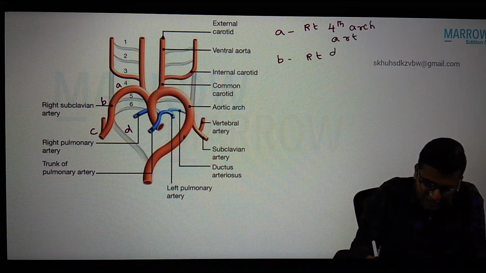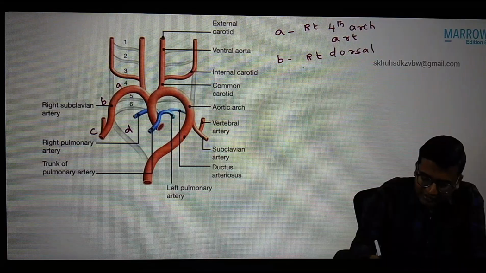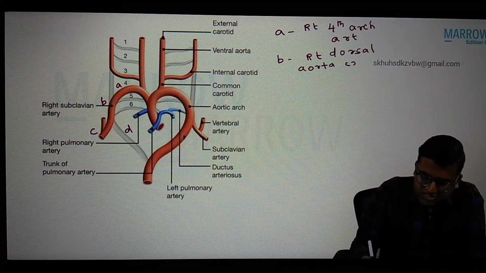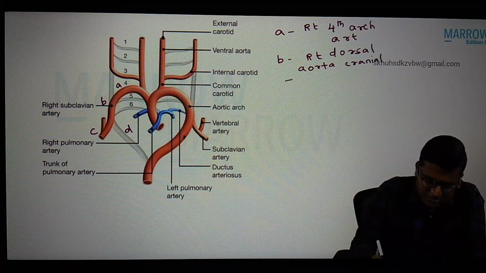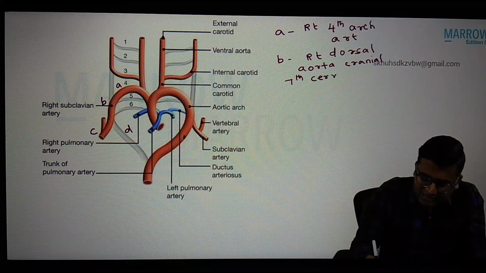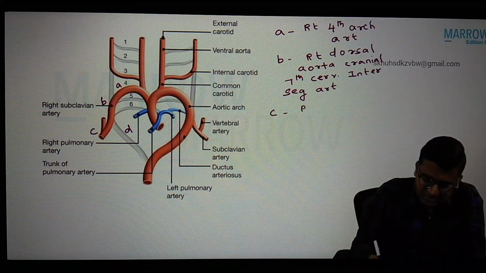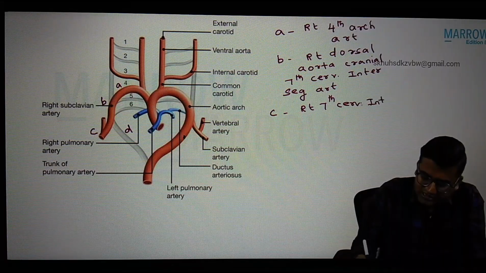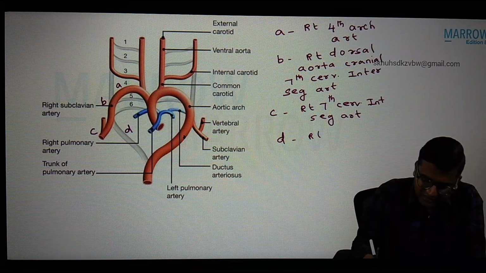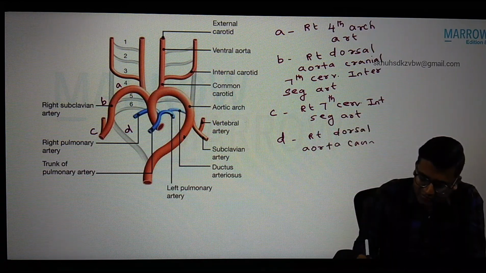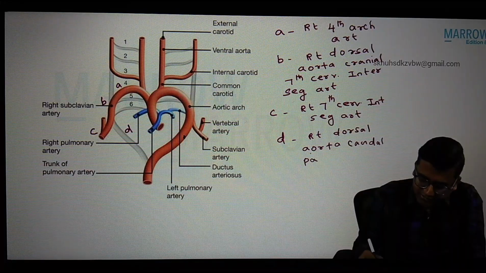B is the right dorsal aorta cranial to the seventh cervical intersegmental artery. What is C? The right seventh cervical intersegmental artery. What is D? The right dorsal aorta, caudal part.